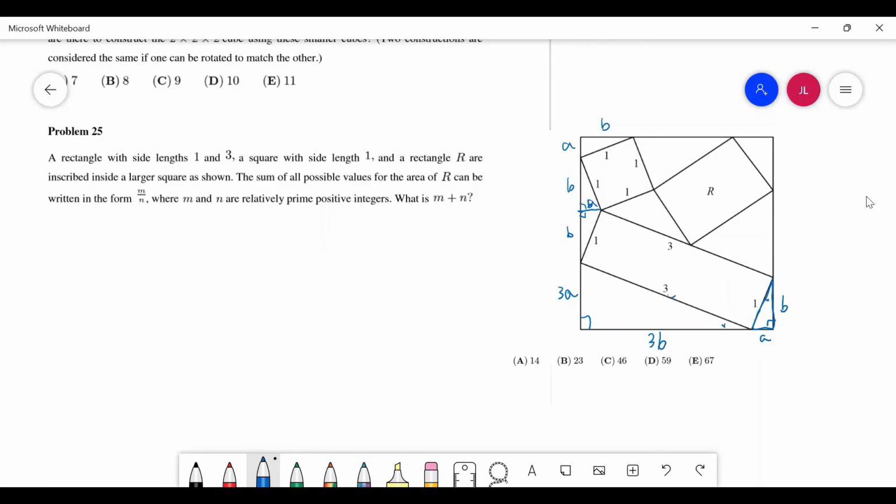So now we can easily set up an equation: this side is A plus 2B plus 3A equal to this side, because this is a big square. That's going to be 3B plus A. And easily find B equal to 3A.